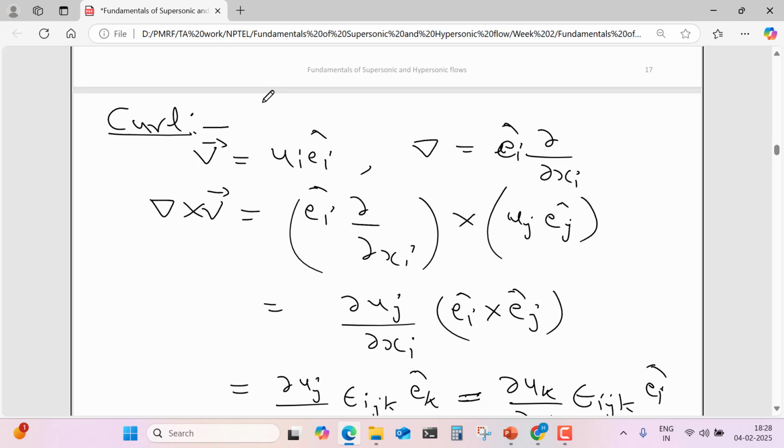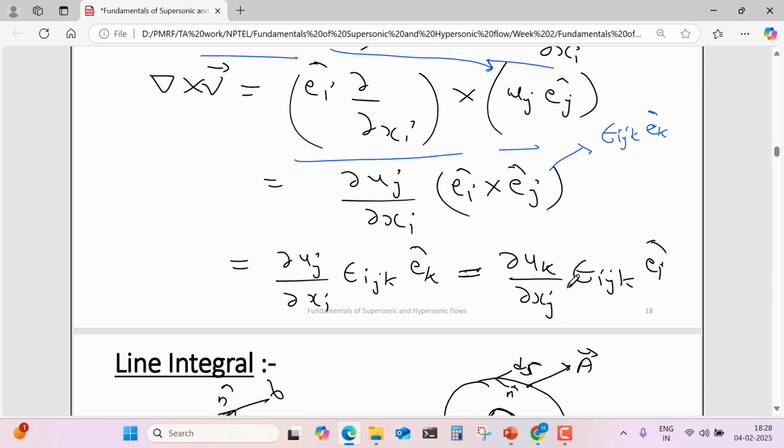Now we will see what is the curl of a vector field. If velocity is given by u_i e_i cap and del is given by this, then del cross v will be like this. We have changed the indices for this v, and now if we multiply these two together, then this will be ∂u_j/∂x_i, and this will be e_i cross e_j. This e_i cross e_j is epsilon_ijk into e_k, from the definition of the alternating symbol.